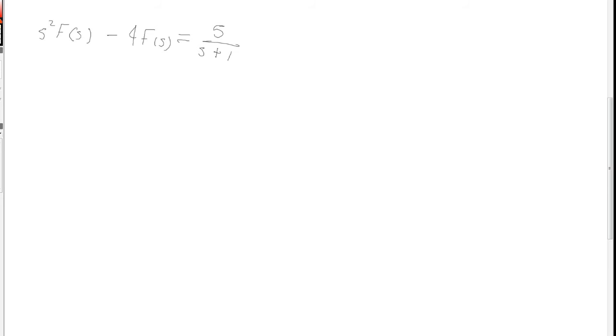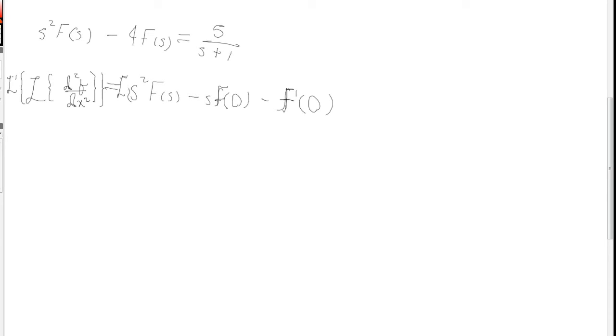So we can recall that the Laplace transform, because it's a linear transformation, if we apply the inverse on both sides, then we have d squared f... I should make this into an s, I meant s, sorry.